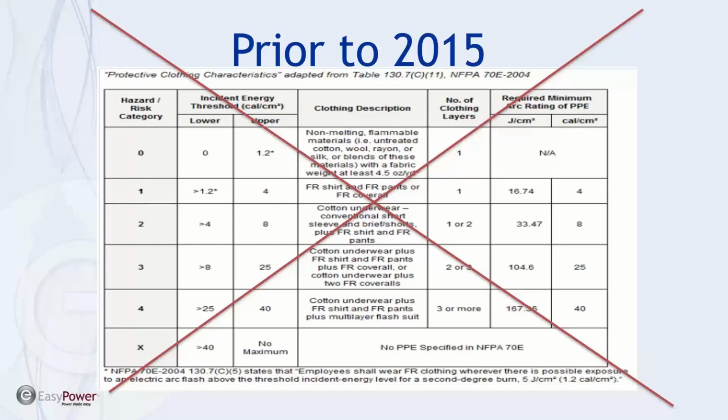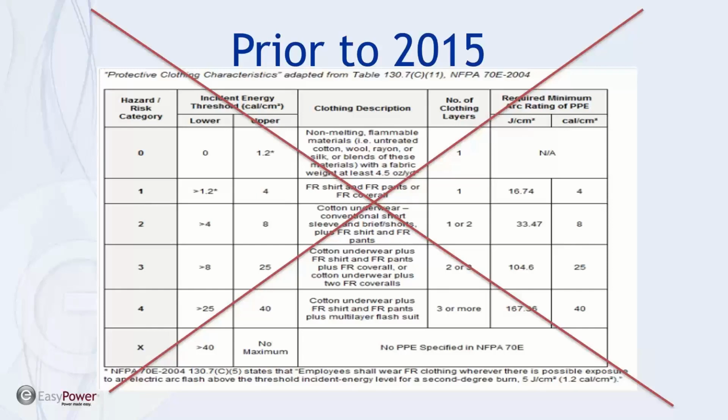Now I've got this marked out because in 2015, specifically, the instructions were not to refer to HRC in any manner, way, shape, or form, and for sure don't have HRC nomenclature on the label.